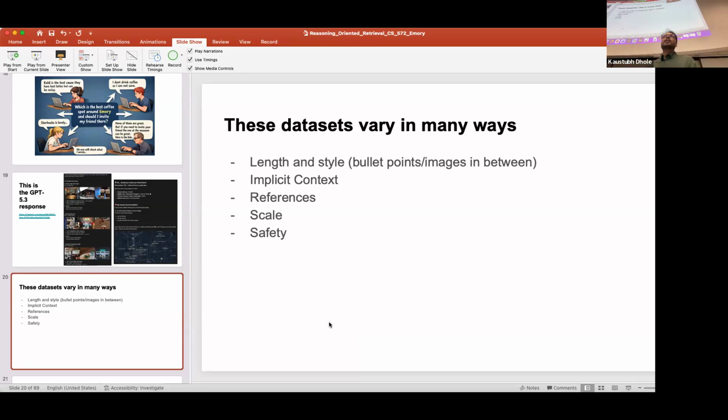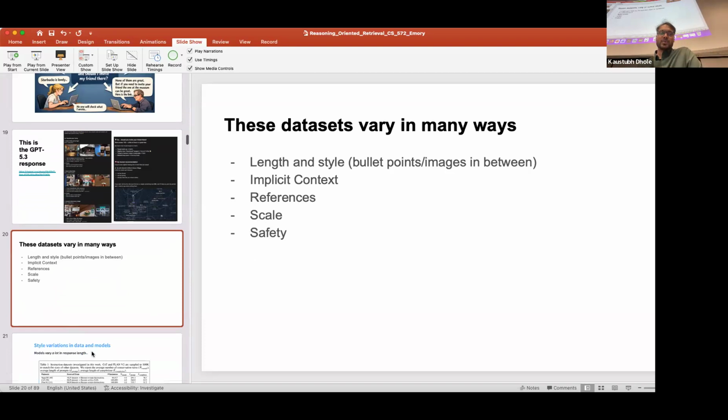Do we support an answer with a reference or not? Then the scale, how much data do we collect? Should we collect 100 MB of data, 1 GB, 1 TB, and so on? All of this is essentially capabilities. There's the question of safety as well, whether the responses are harmful or biased.